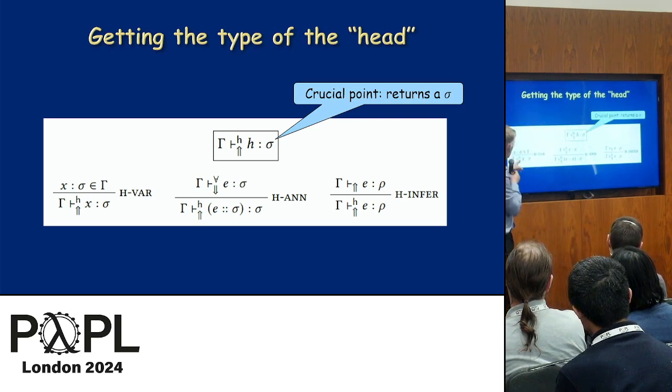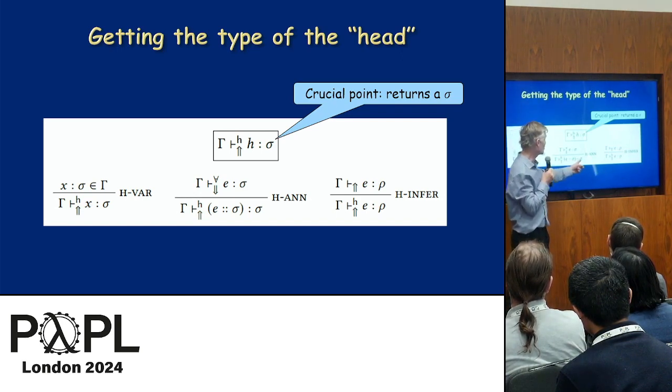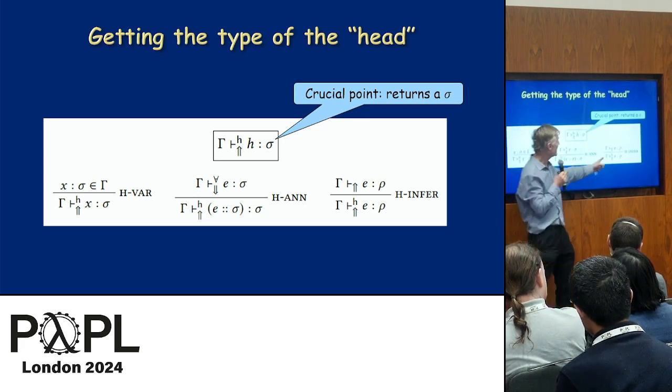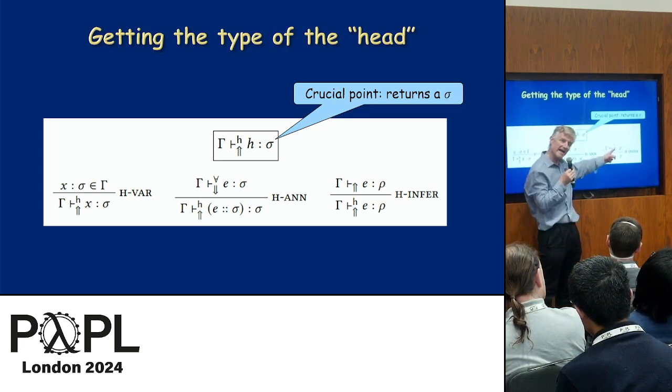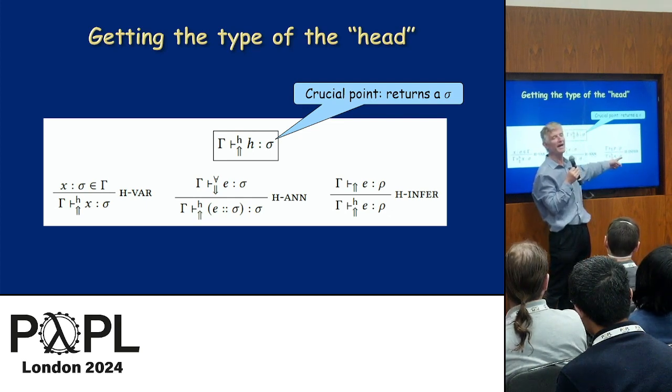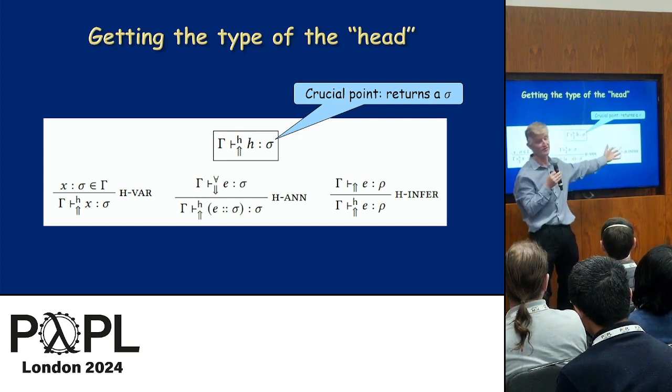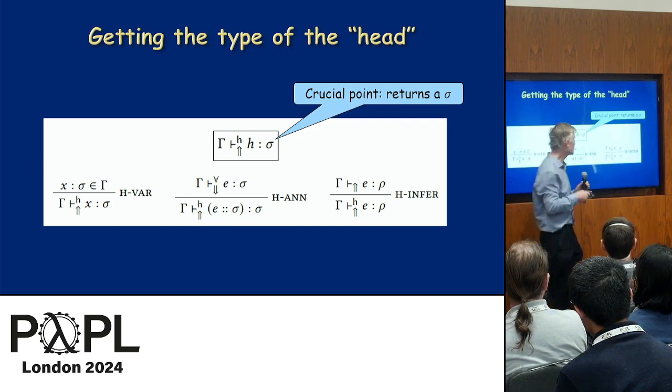Well, remember, there are only 3 forms of H. If it's a variable, just look it up in the environment, and we get a sigma there, because gamma contains bindings of variables to their polytypes. If it's an expression with a type signature, we get the sigma right there in the term. The user wrote it. And if it's anything else, just bail out into ordinary old inference for E, and then you only get a rho back. But every rho is a sigma, just with no quantifiers. Okay? So H is very simple.